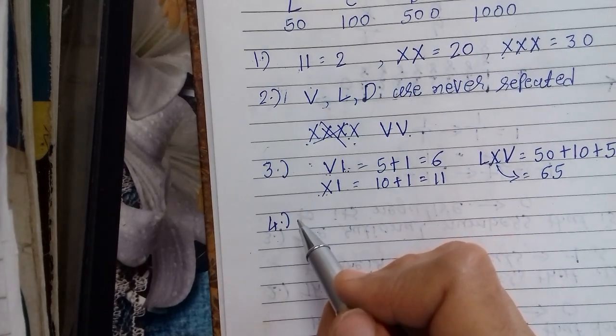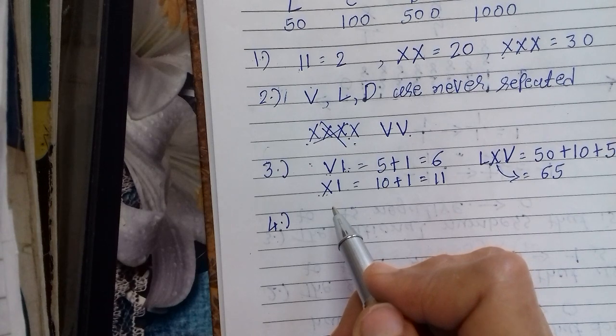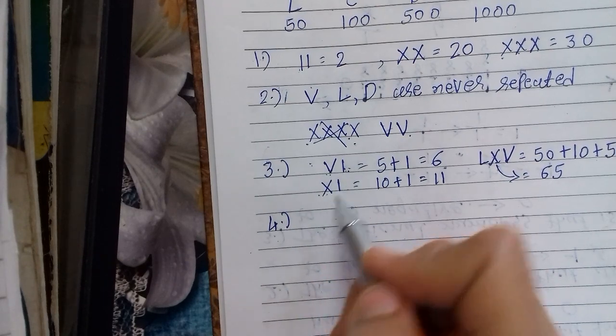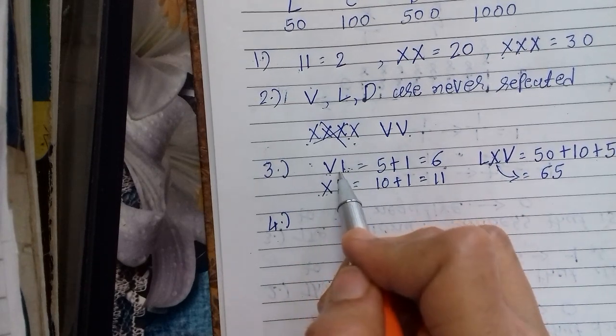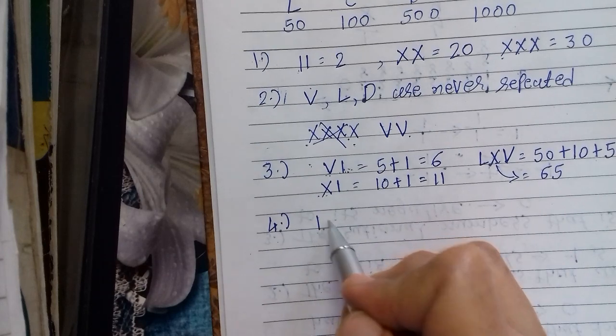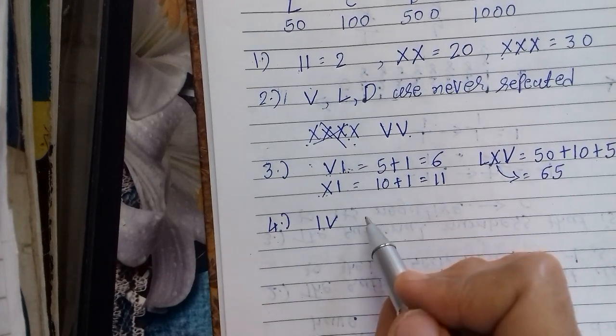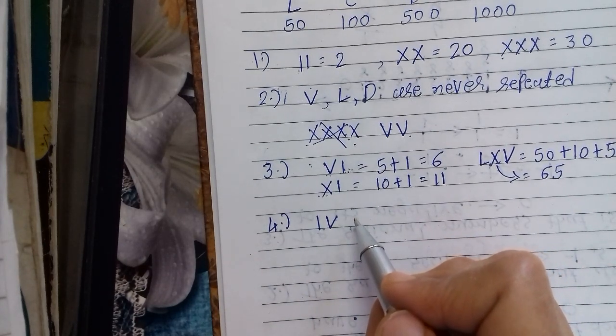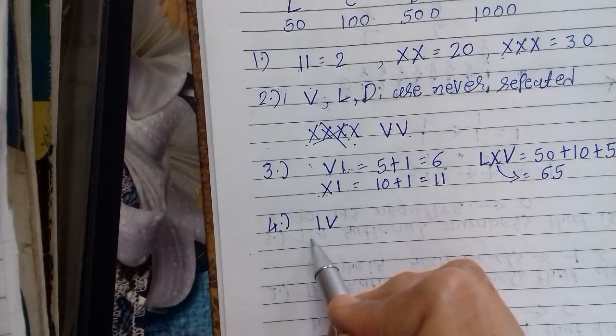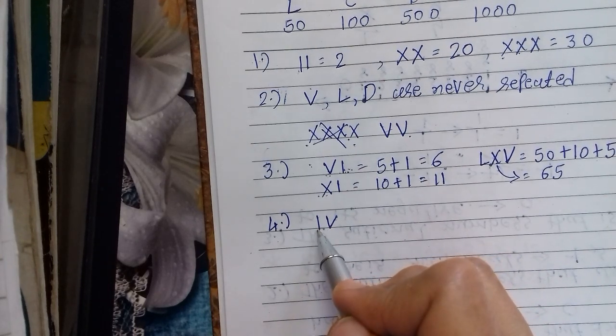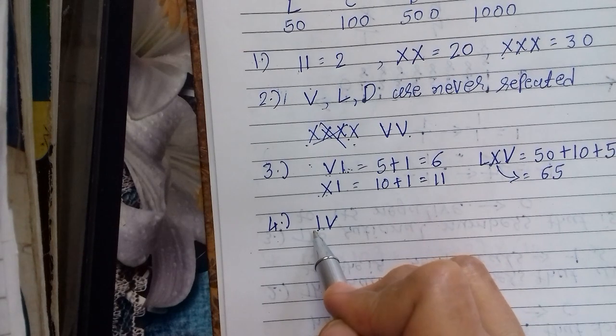Fourth rule, if a symbol of smaller value is written to the left of a symbol of greater value, it is the reverse process. Suppose instead of this I write this. That means a symbol of smaller value is written to the left of a symbol of greater value.